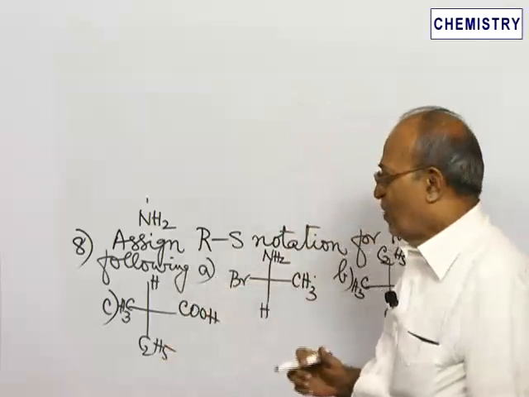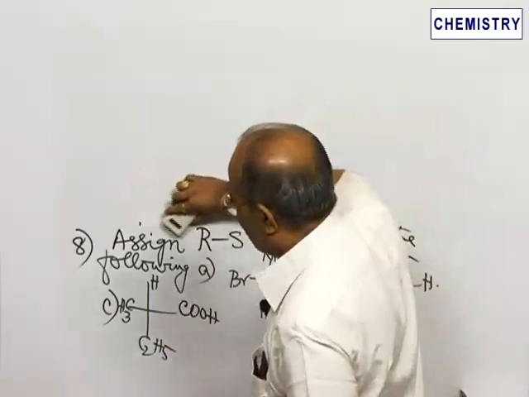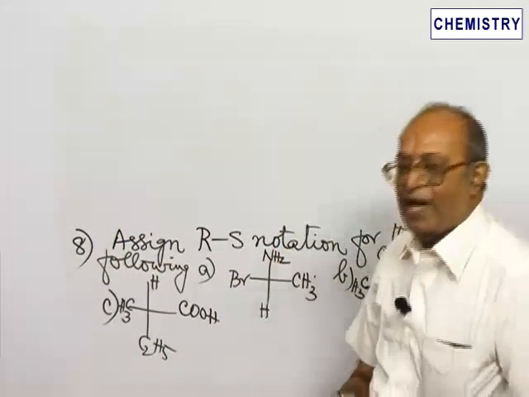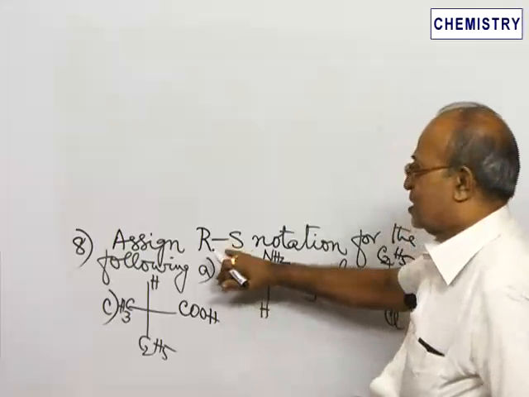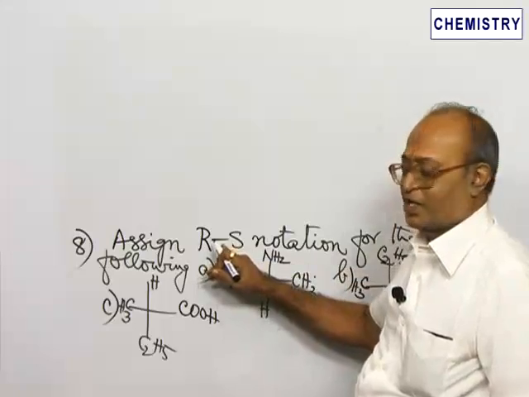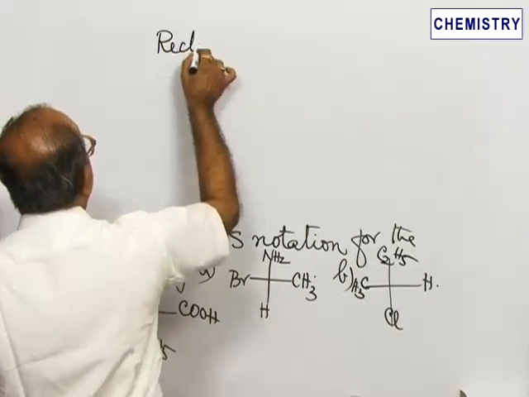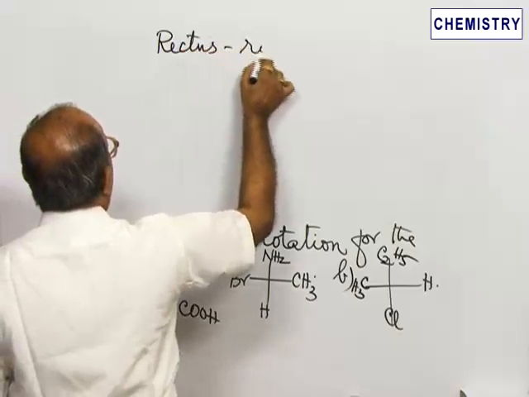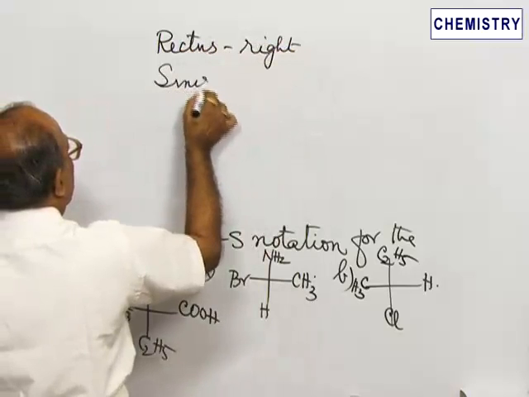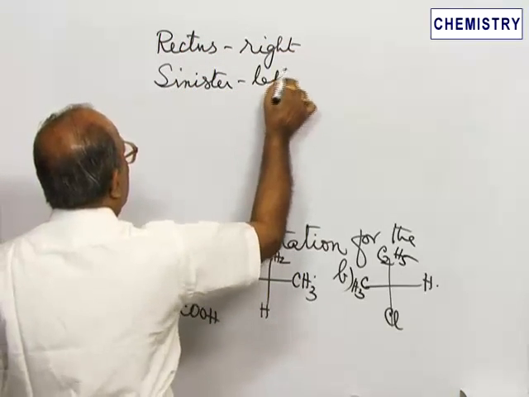Similarly, for optical isomers, we can have R notation or S notation. R is for rectus, that means right, S for sinister, left.